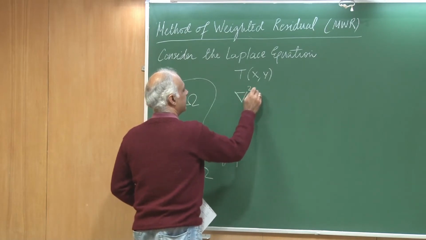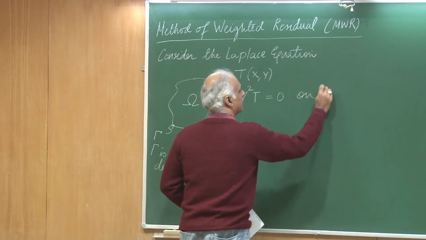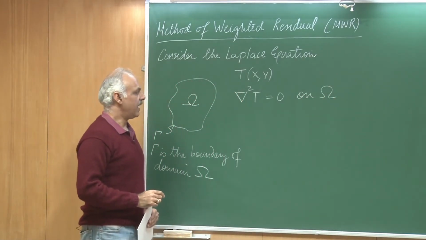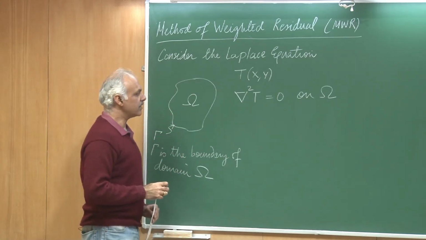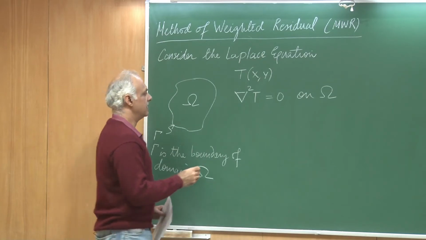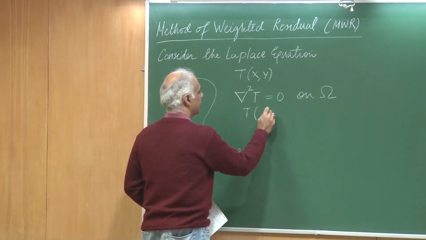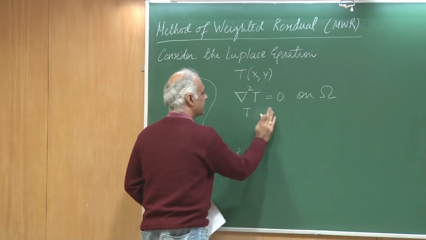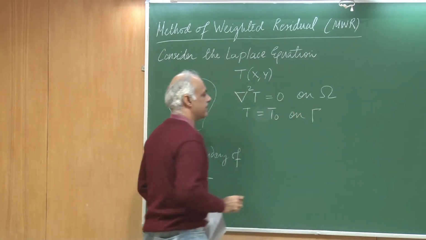So del square T is 0 on omega, that is the Laplace equation, and in addition it satisfies some boundary conditions. We are going to consider only a Dirichlet problem. So the boundary condition here is that T is equal to T0 on gamma.